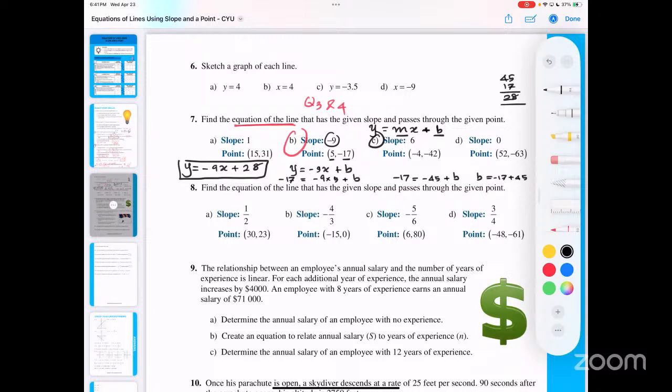Oh, I forgot the plus. What is this supposed to be? I say that's not right.